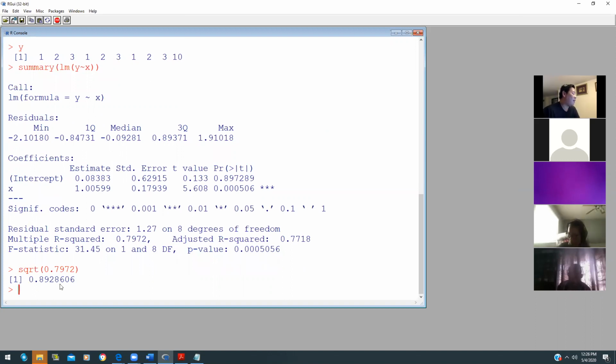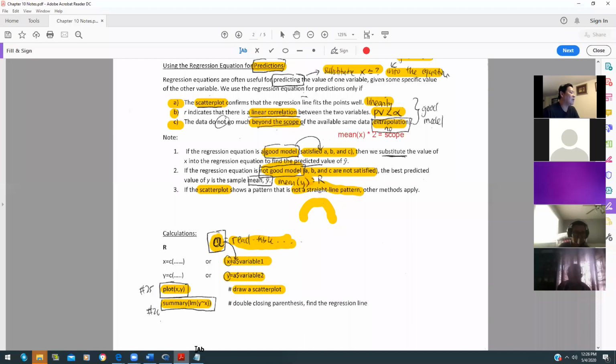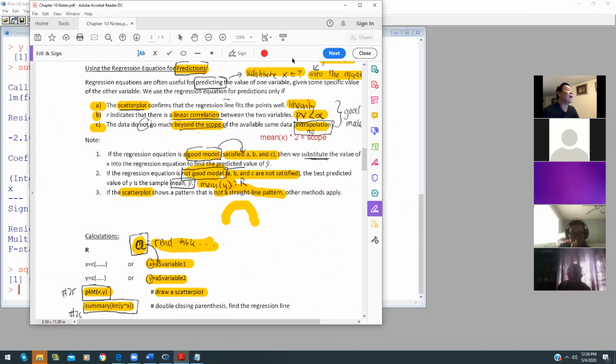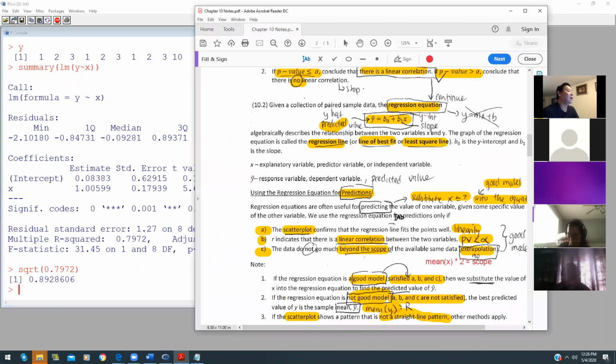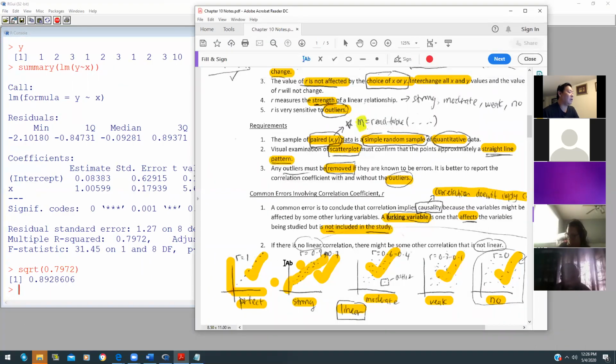So if you remember the notes that I have, your R is between 0.9 to 0.7, 0.6 to 0.4. Which one is your R between? Your R is 0.8928, right? So which one should we use?